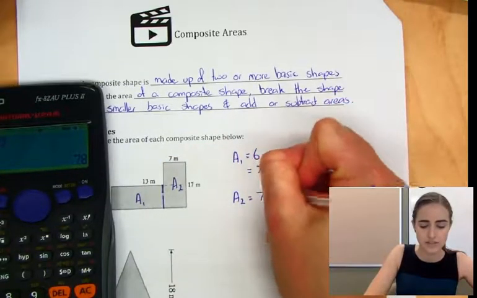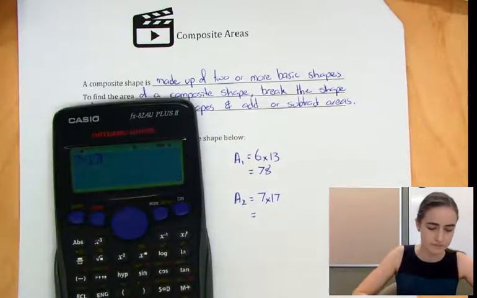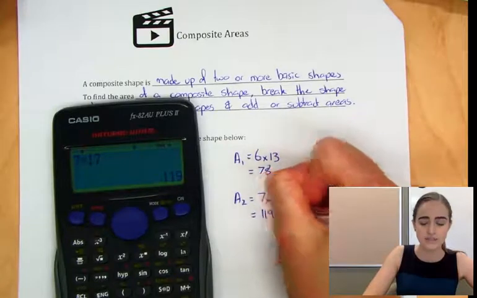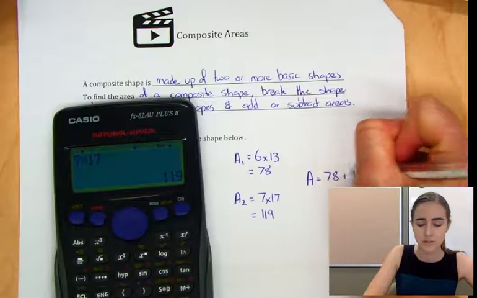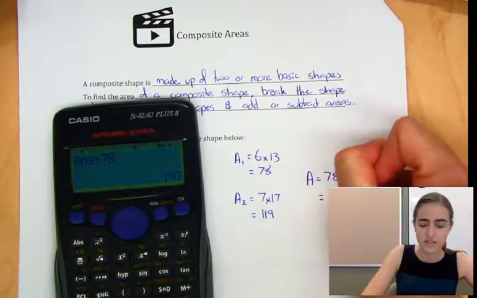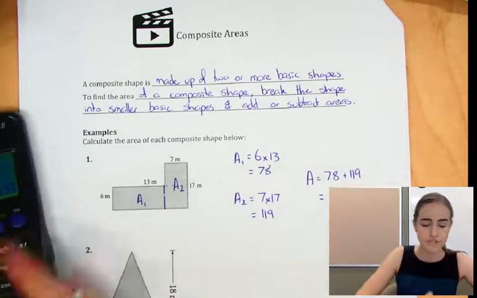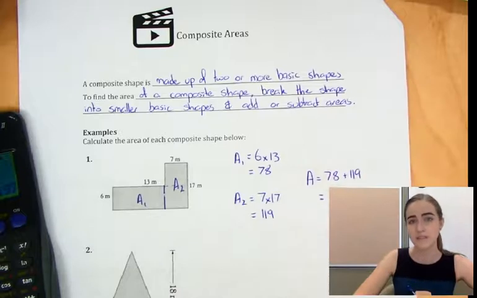So we go 7 times 17, and that will give us 119. So our total area would be that 78 plus 119, which would give us 197. Now, because the shape was all in meters, that's going to be 197 meters squared.